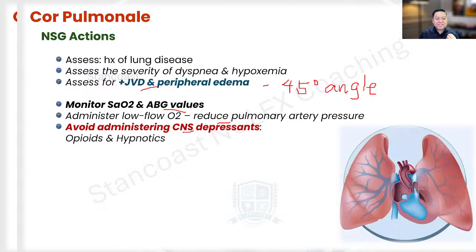Now, also here, we are going to avoid administering central nervous system depressants. So if there are prescriptions that have been ordered in the past because the patient needs these medications for a condition they have, then this is the time that the doctor may have to order withholding some of these medications, especially opioids or hypnotics, because these can also suppress the respiratory centers in the brain, the medulla oblongata, and are known to cause hypercapnia, accumulation of carbon dioxide in the bloodstream.